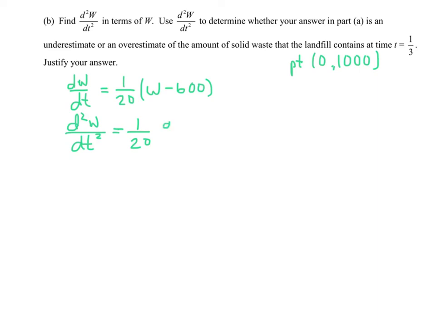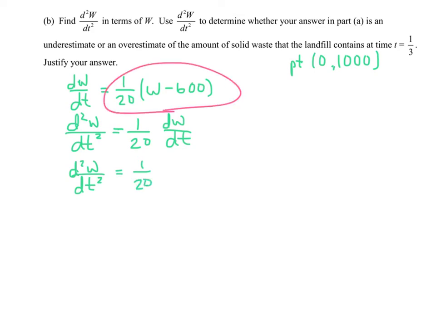So I would just say dw/dt. Now I'm going to clean that up by replacing dw/dt with what it's equal to. So I have 1/20 of 1/20 times w minus 600. That is the second derivative.